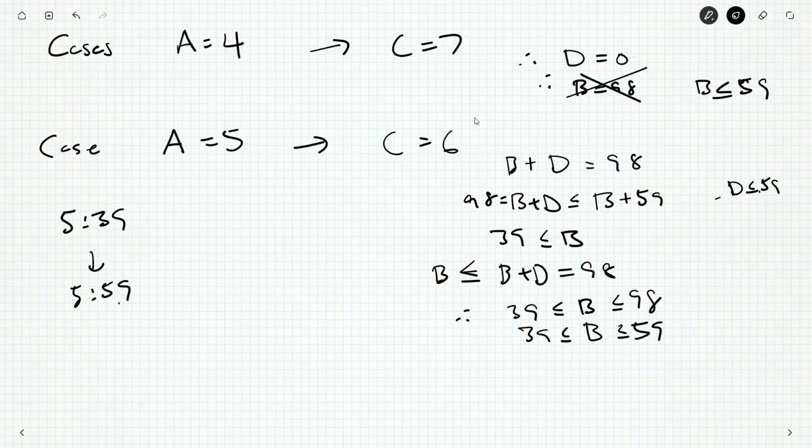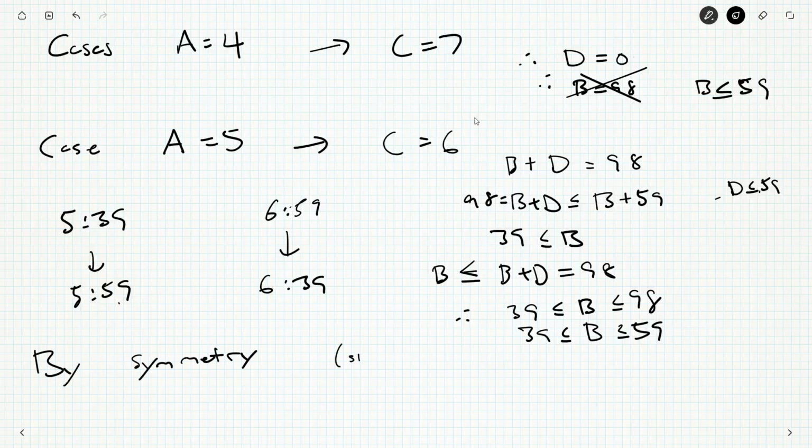And likewise, in this case, Mio would be arriving at 6:59 all the way down to 6:39. Now, by symmetry, they have no order as to when they arrive.